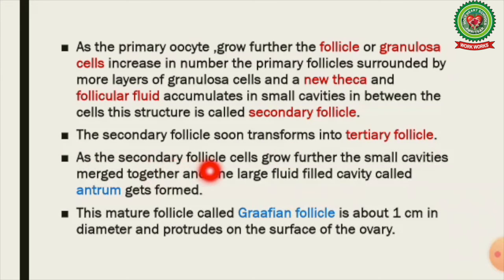As it grows further, the small cavities merge together and one large fluid-filled cavity is formed, called the antrum. This mature follicle, called the Graafian follicle, is about 1 centimeter in diameter and protrudes on the surface of the ovary.